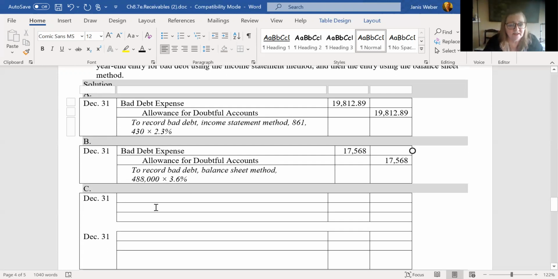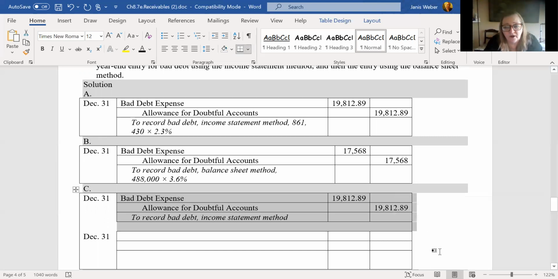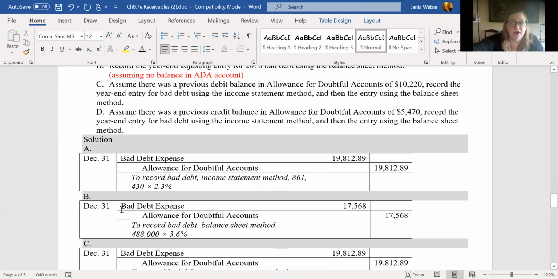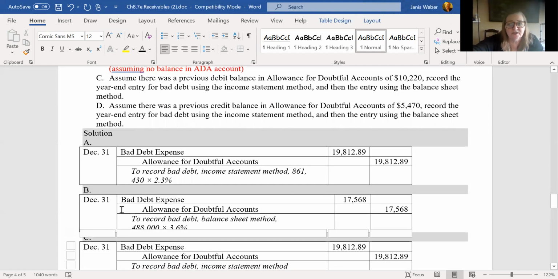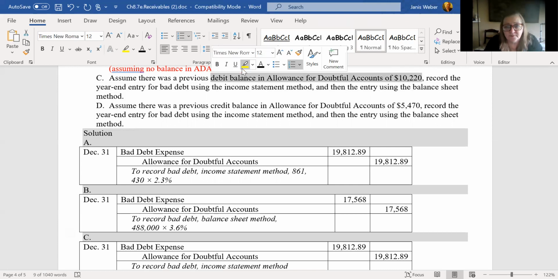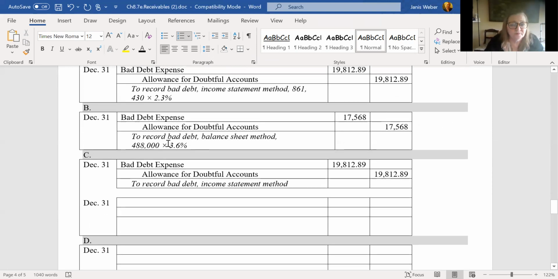19,812, still exactly the same way, except for we should do it without the pennies, but we're not. And then on the balance sheet approach, rather than showing the whole 17,568 as bad debt, we're going to adjust, because the balance in the ADA account for item C was, this is not a normal balance, a debit balance of 10,200.